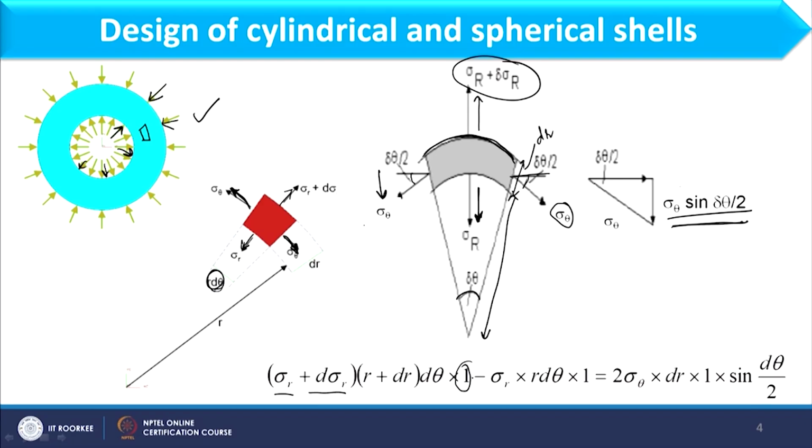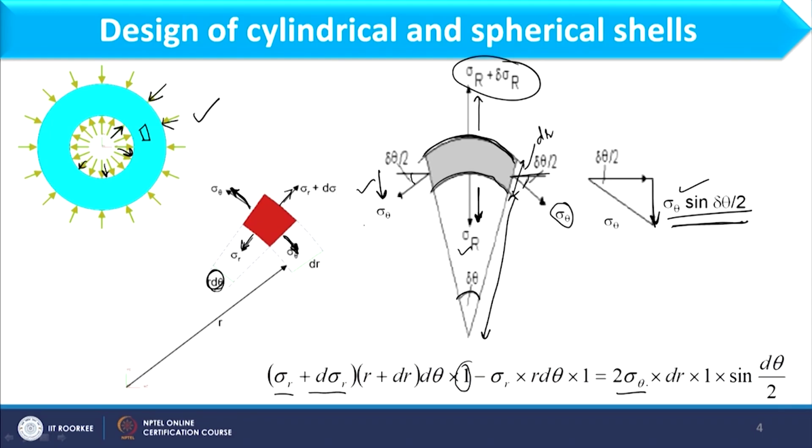Okay. And that would be balanced by the force due to this and force due to this as well as due to this. Okay. So, that will be minus sigma r, and its acting area would be r, this r into d theta into 1, and that would be equal to this particular component of sigma theta, and that would be 2, because it is acting on both sides.